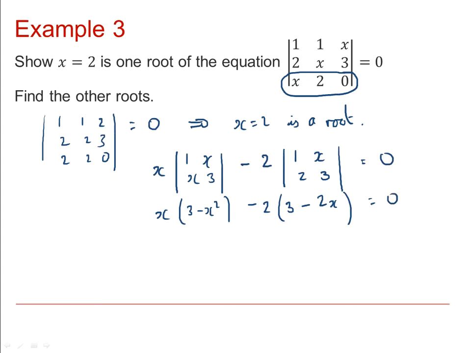If we expand that, you get x cubed minus 7x plus 6 is equal to 0. Now we know that x equals 2 is a root, so therefore x minus 2 is a factor.